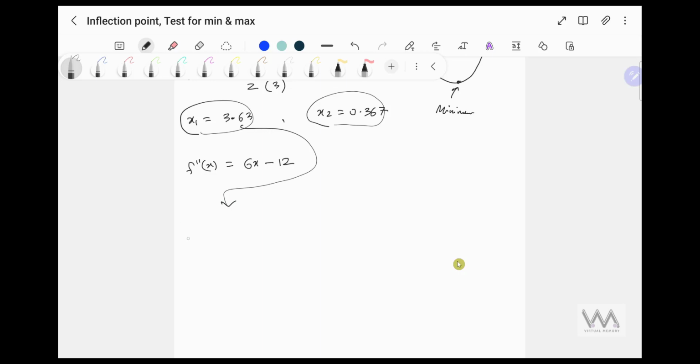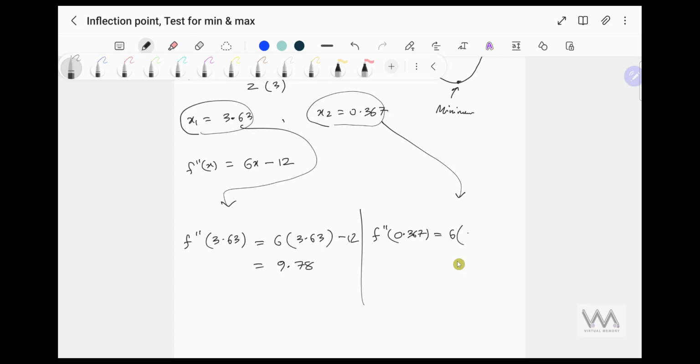For x1, we have second derivative of 3.63 equal 6 times 3.63 minus 12 equal 9.78. And let's do for this one: 0.367 equals 6 times 0.367 minus 12 equal minus 9.80.